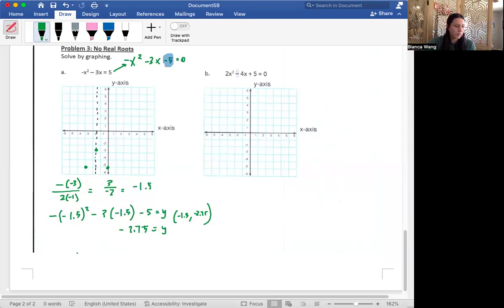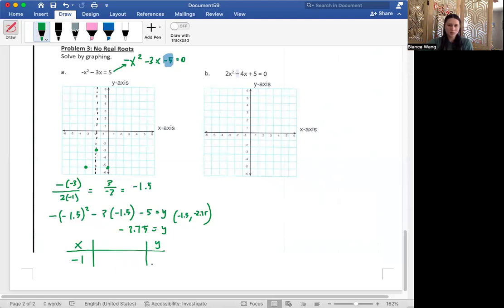Then we could pick 2 more points. Let me see where -1 would be. -1. So again, be careful with these negatives. -1 squared. So -1 minus -3, so +3, minus 5.